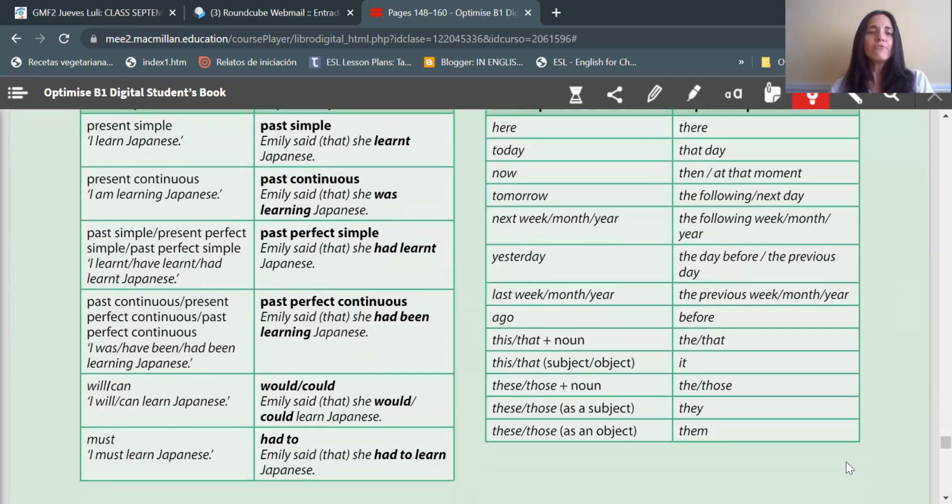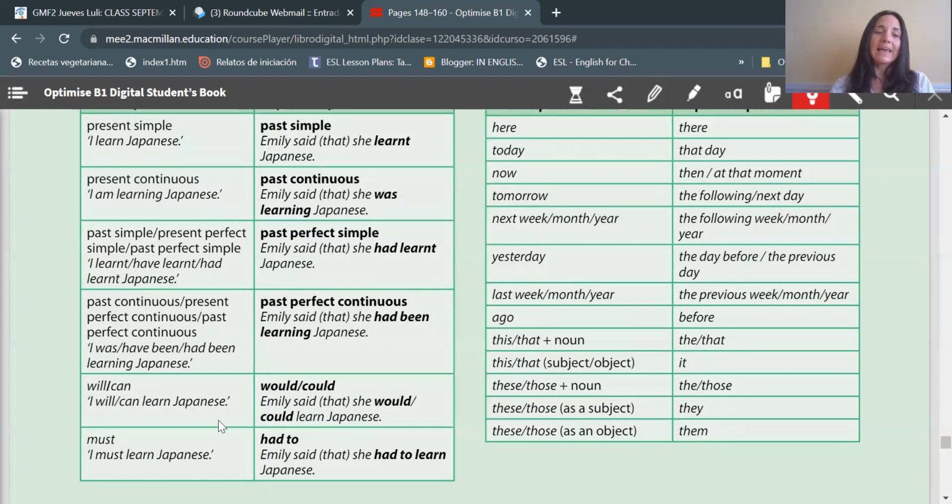Now, if you have the modal will or can, yes, the past of these modals is would or could. So if the sentence is, I will learn Japanese, then in reported speech is going to be, Emily said that she would learn Japanese.